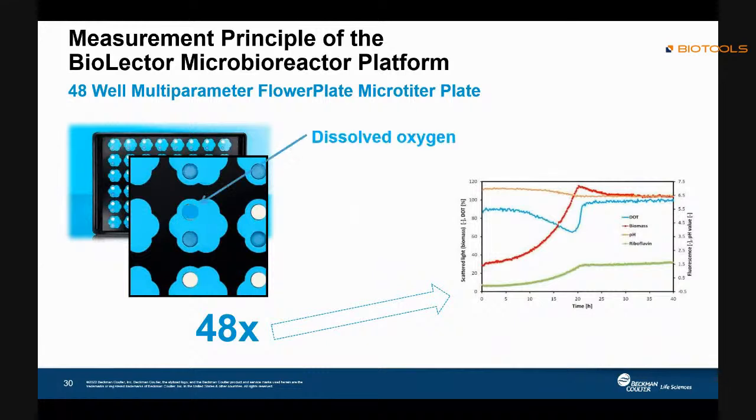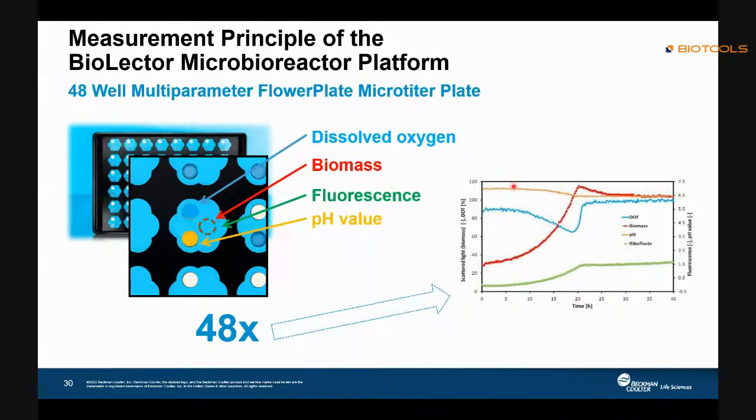So maybe we can look a little bit closer. In the optodes, we can measure DO, biomass, fluorescence, and pH value in different parts of the optodes. And this is the online monitoring, so that you can see the data over time, where the x-axis is the time. We can see that when the fermentation is going and your microbiome increases in biomass, at the same time the DO is decreasing because it is using the oxygen.